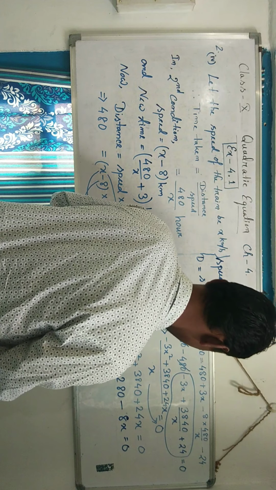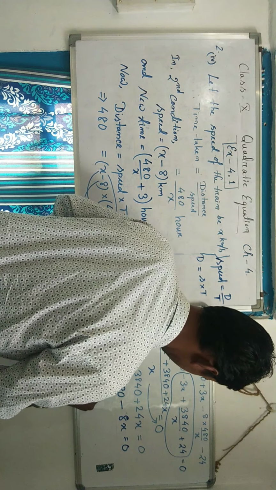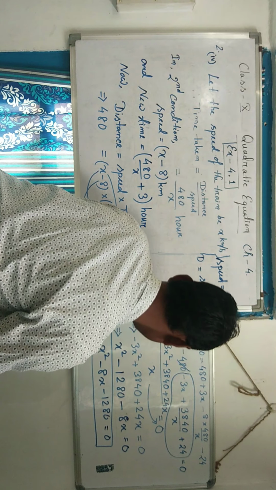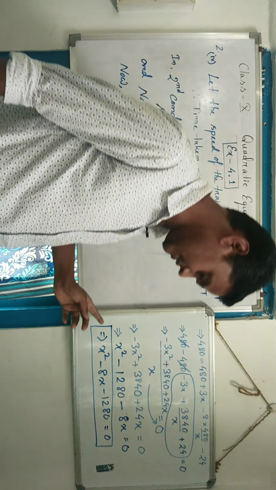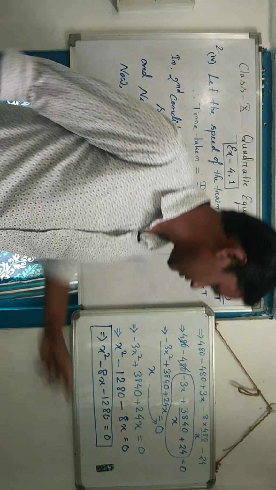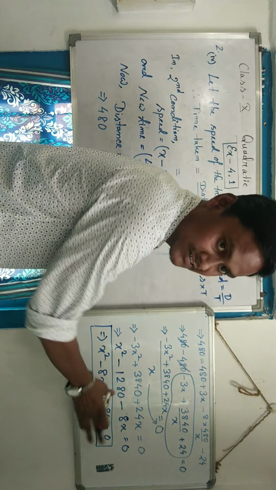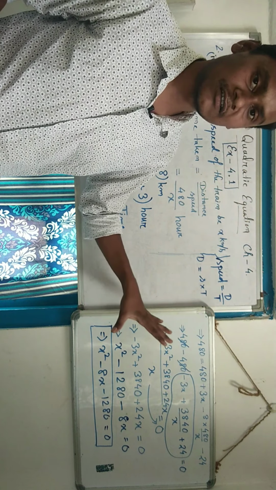So this implies x square minus 8x minus 1280 is equal to 0. Clearly it is in the form of ax square plus bx plus c is equal to 0, which is a quadratic equation.